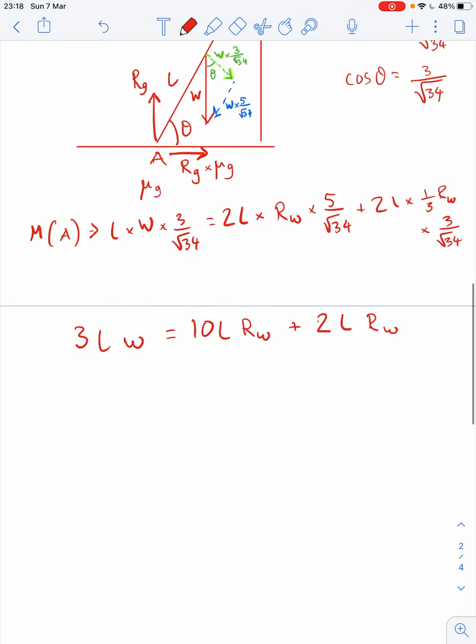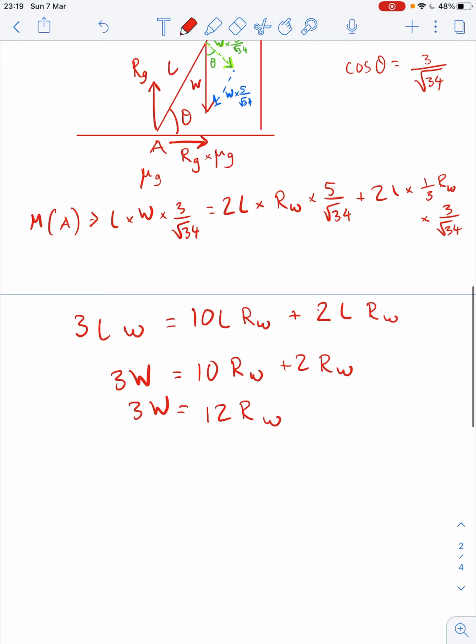Okay, and actually L's in everything here as well, so we've got 3W equals 10RW plus 2RW, so 12RW equals 3W, so the reaction at the wall, if we divide both sides by 12, it's going to be a quarter W.